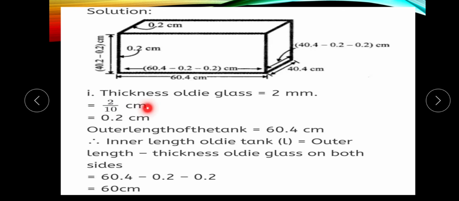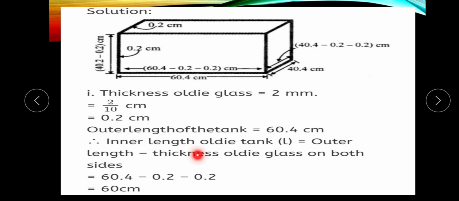So let's start. The thickness of the glass is 2 millimeter. We will convert it into centimeter, that is 2 upon 10 centimeter, that will give us 0.2 centimeter. Now the outer length of the tank, that is given as 60.4 centimeter.